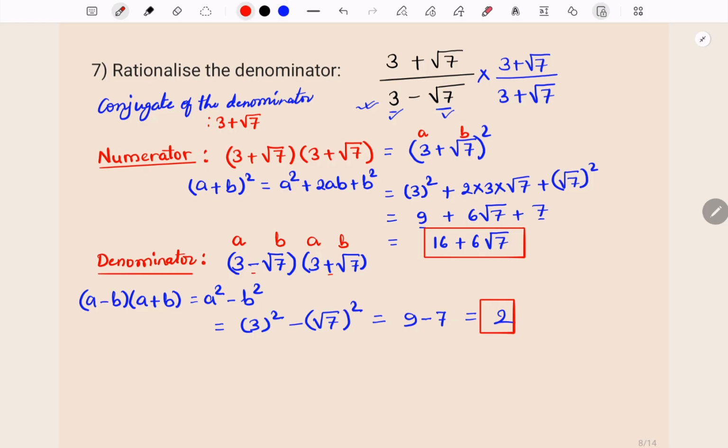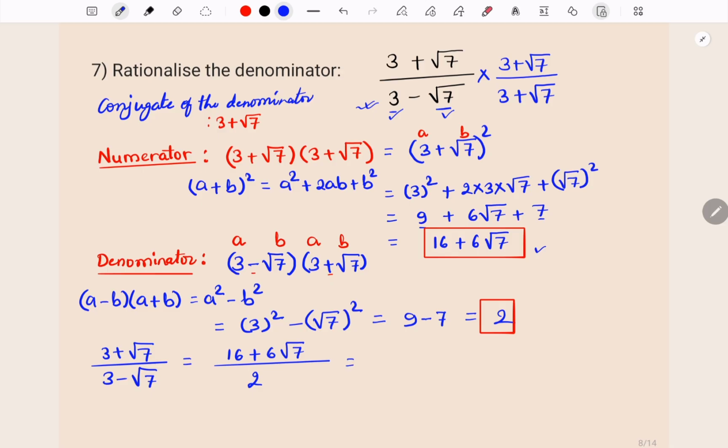Now let's rewrite the fraction. In the question, the fraction was 3 plus root 7 over 3 minus root 7, right? And after the rationalization process, the new numerator is 16 plus 6 root 7 from here, right? And the new denominator is 2.